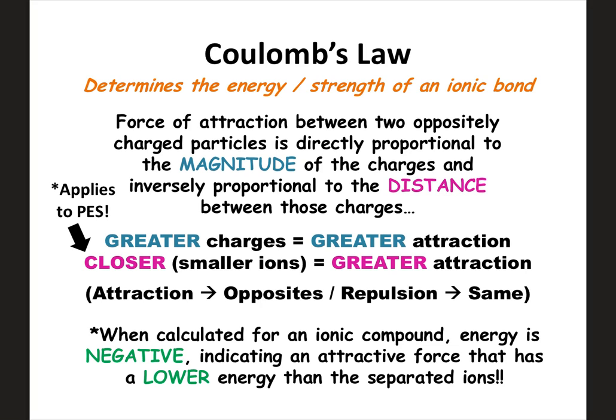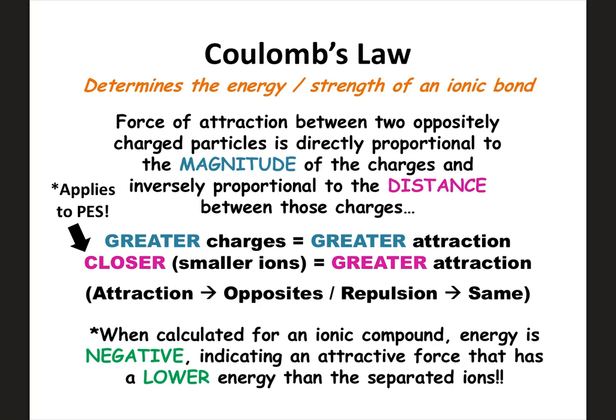And very important to understand here that when we do calculate these strengths of the ionic bonds, it is very important you know that energy is always negative. That indicates that these ions have a lower energy when they're combined rather than when they are separate. Nature prefers this lower energy state.